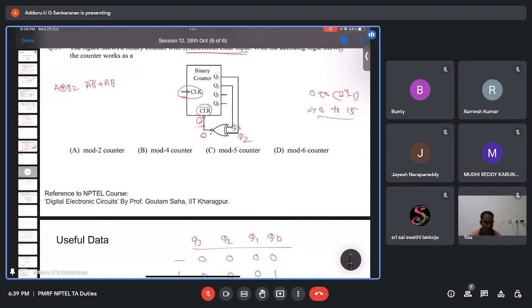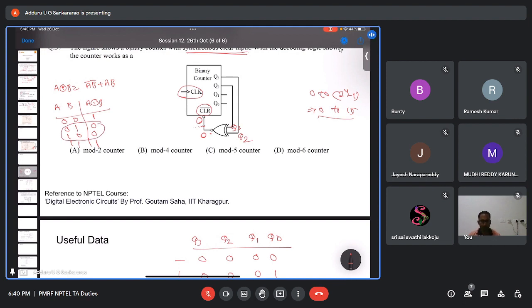When the XNOR gate output is 0, for a two input XNOR gate, we know A and B are there. A XNOR B, the truth table you might have seen: 0 0, 0 1, 1 0, 1 1. When both inputs are either zeros or ones, the output is 1, and when one of the inputs is 1, the output is 0.